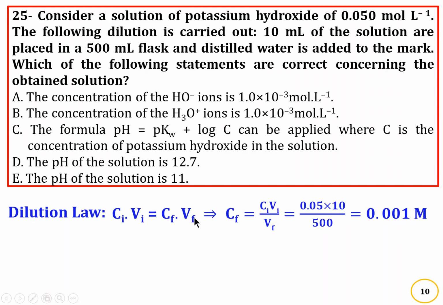So C final equals C initial times V initial divided by V final, equal to 0.05 times 10, which is the initial volume, divided by V total, because in the exercise we add water up to the mark, so up to 500 milliliters. So the concentration after dilution is equal to 0.001 molar, or 10^-3 molar.